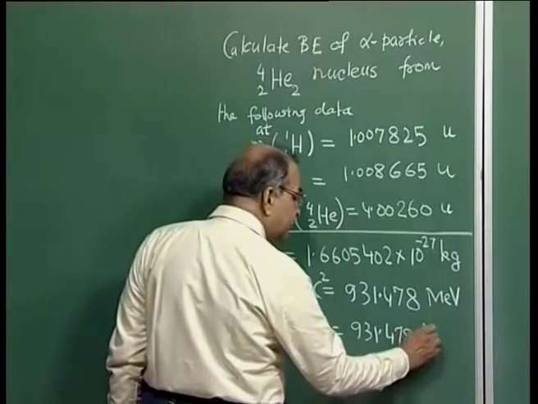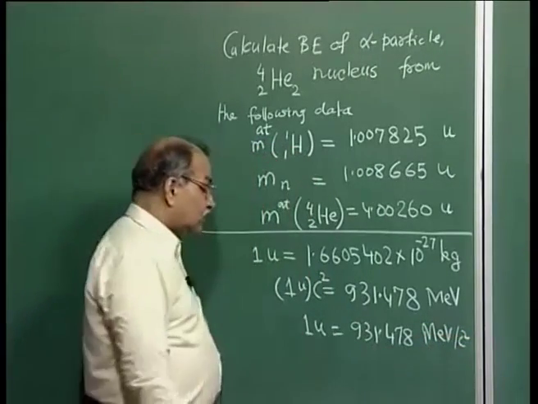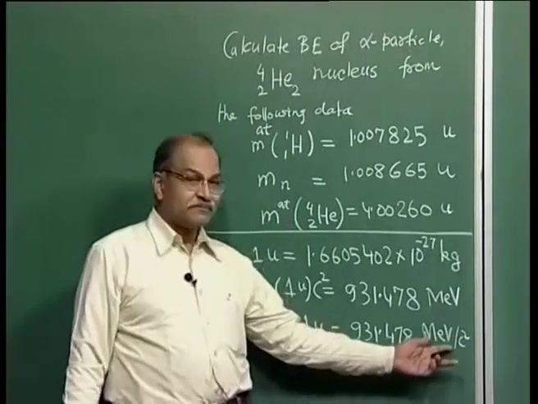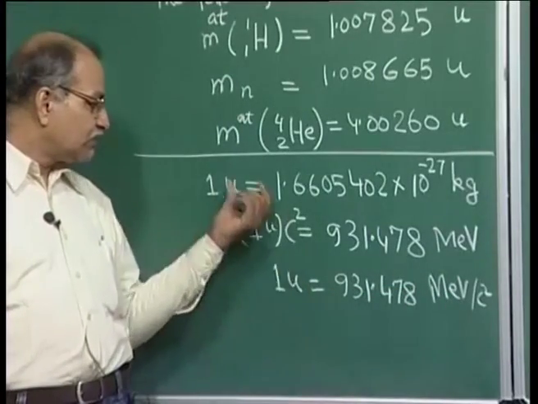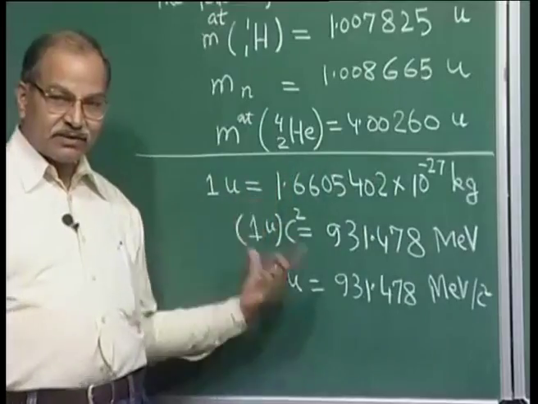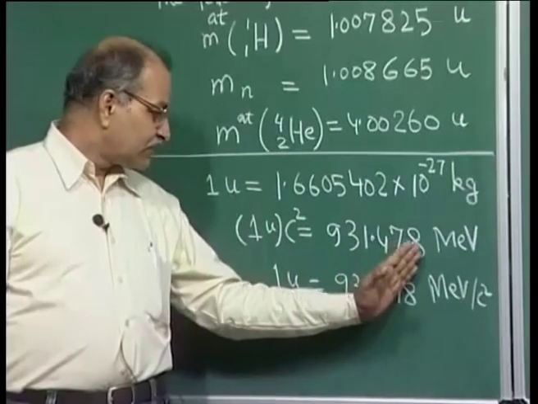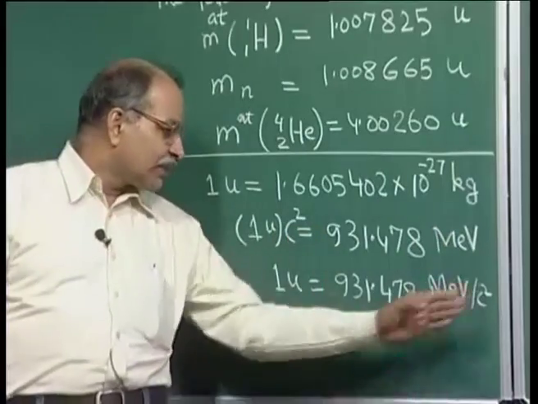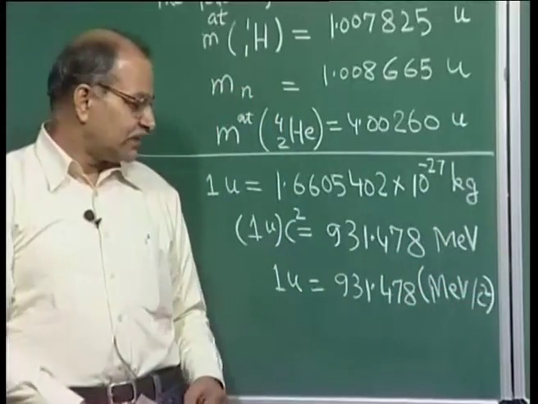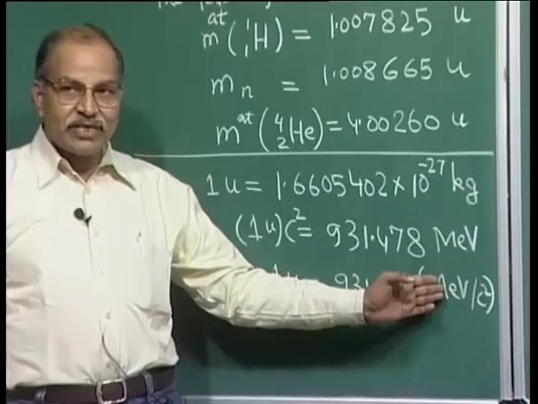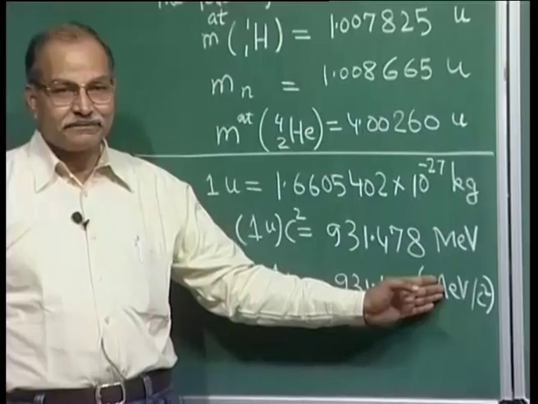So, this is another unit of mass, MeV by c square, which is quite regularly used in nuclear physics or particle physics.